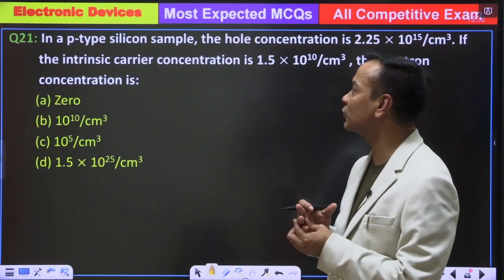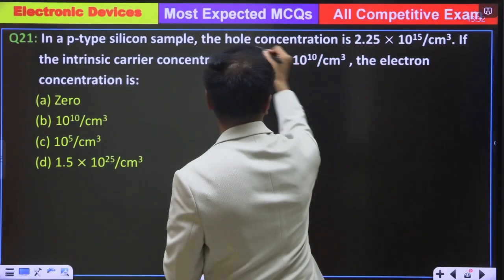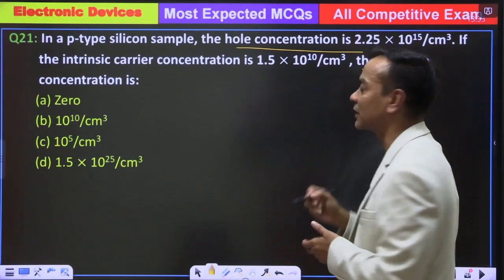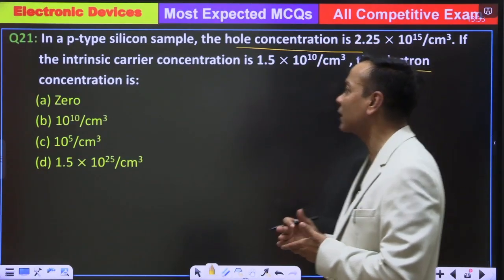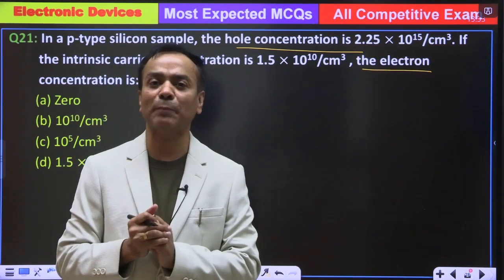So in this question we need to find the electron concentration, as the hole concentration in a p-type silicon sample is already given. As I explained earlier, for a p-type semiconductor, electron is the minority charge carrier.